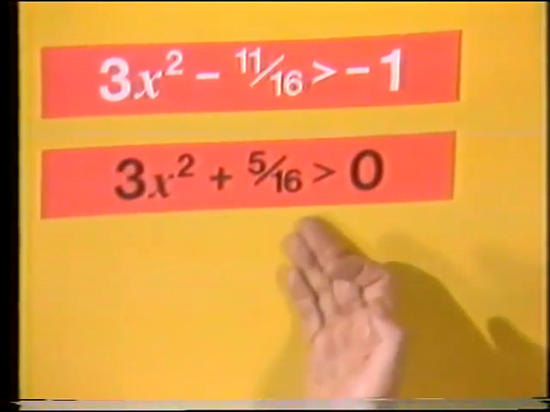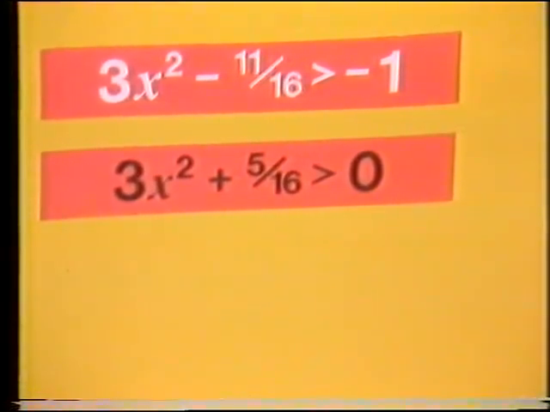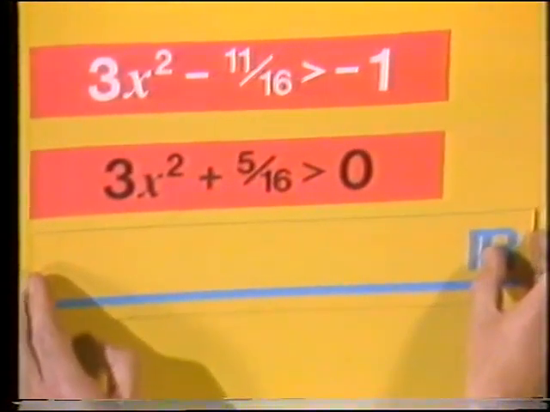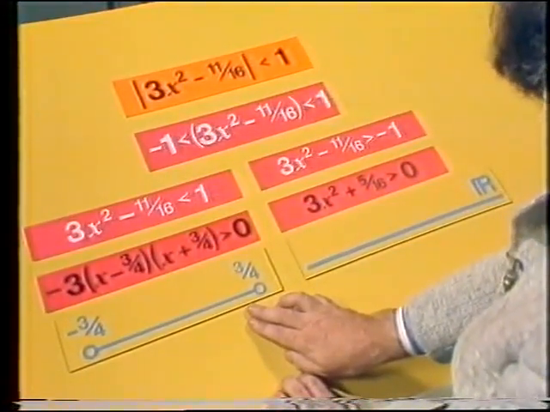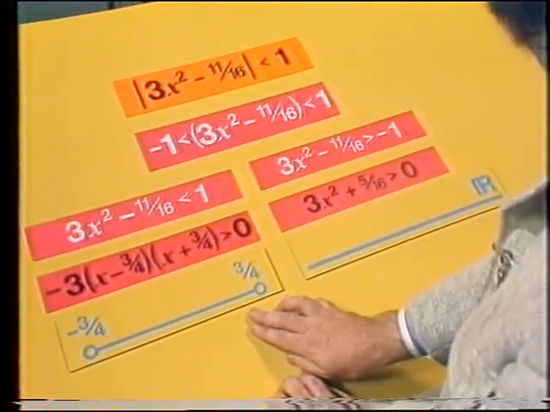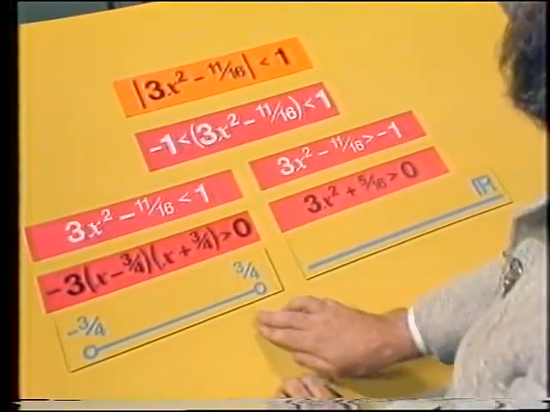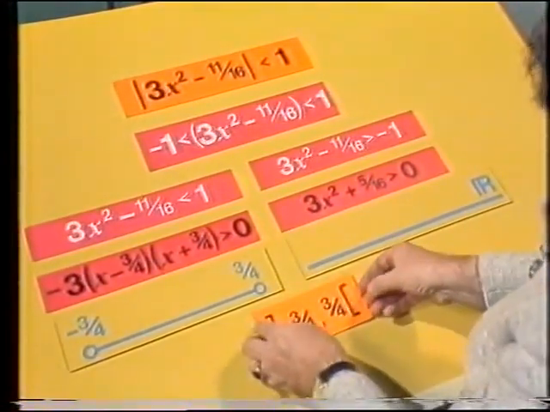So this whole expression is always positive for every value of x. So this inequality is always true. And this one's true between -3/4 and +3/4. So the interval we want, where the original inequality holds, is the intersection of these two. And that's just this.